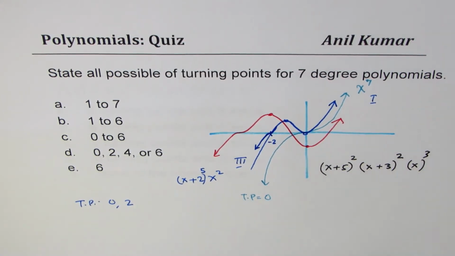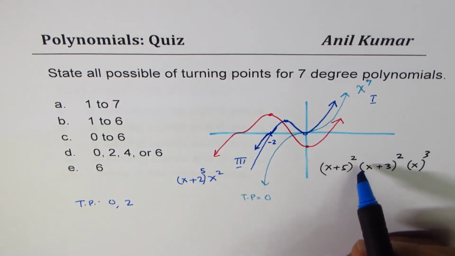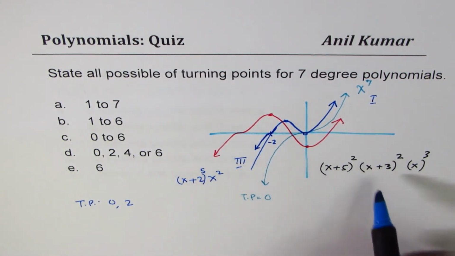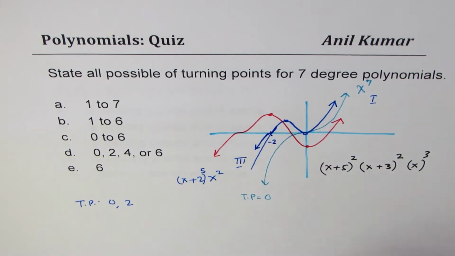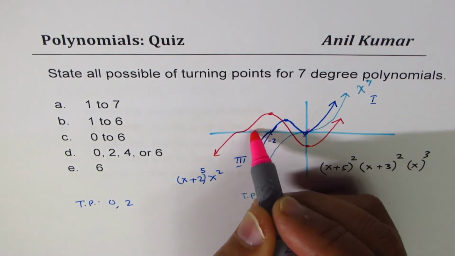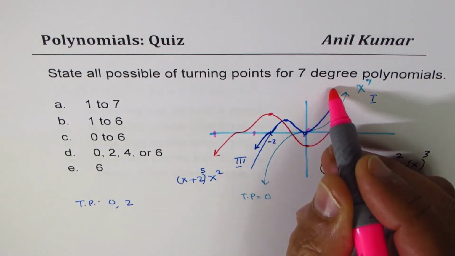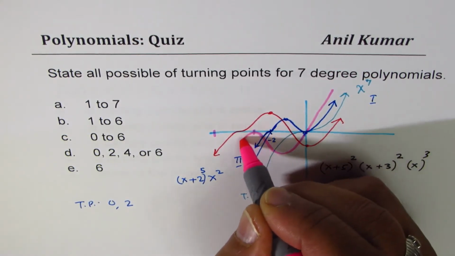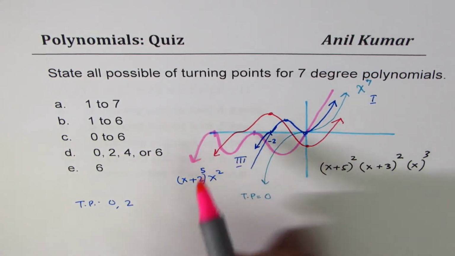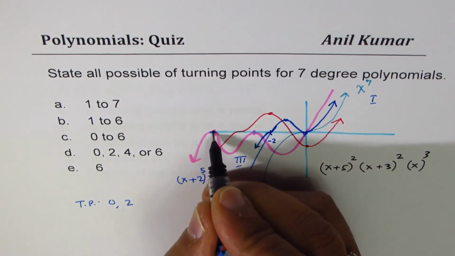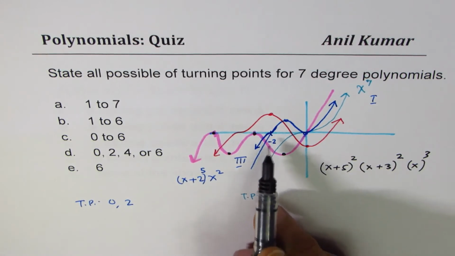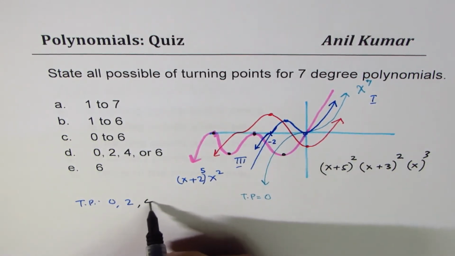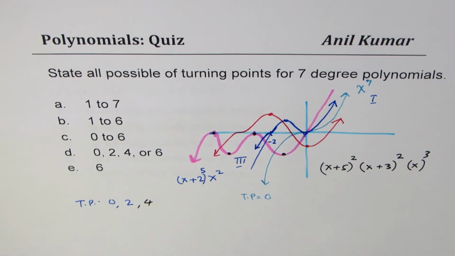So if you have that kind of a function, then the number of turning points will be determined by the zeros. Since the leading coefficient is positive, let me use another ink. So a 0 here, let's say 0 here and 0 there, right? So we have a function which kind of goes here, it turns and then again turns. Is it okay? So number of turning points in this particular case is 1, 2, 3 and 4. Perfect. So we get 4 turning points for this particular equation.